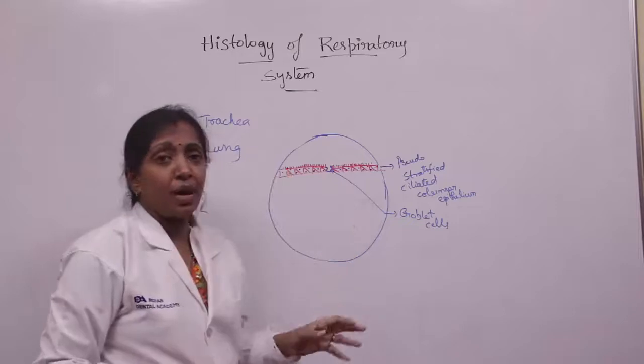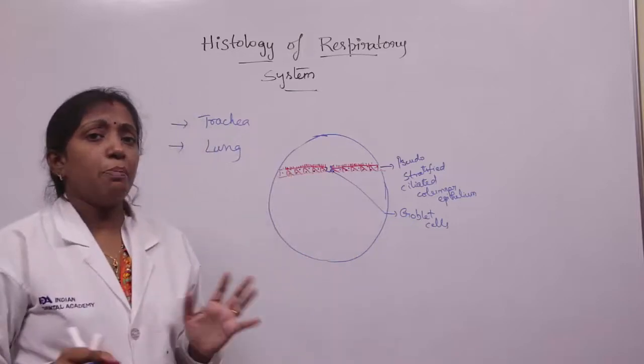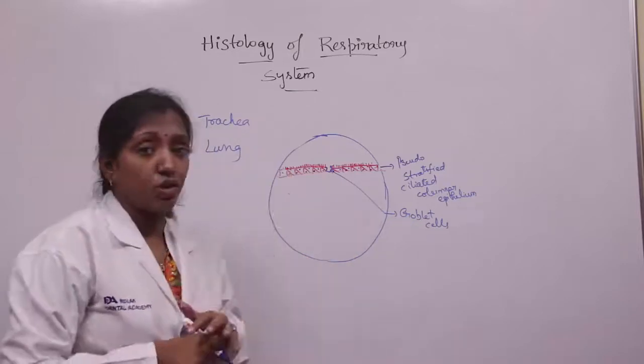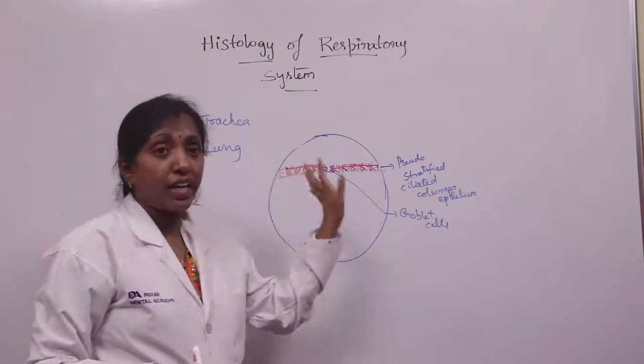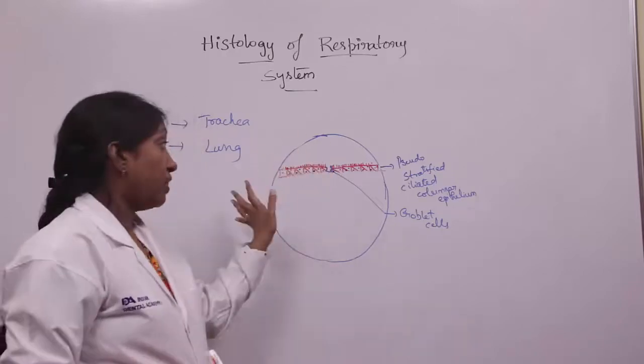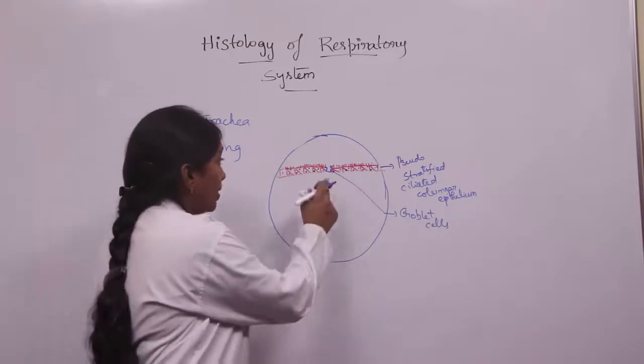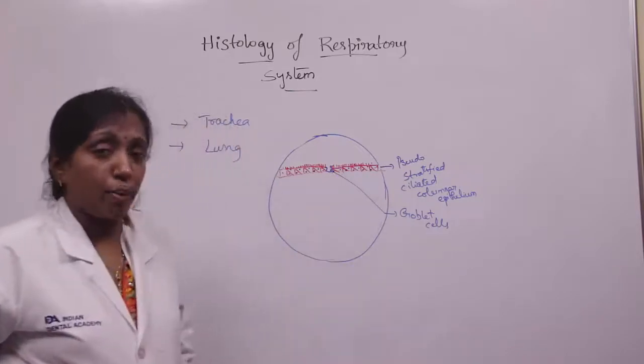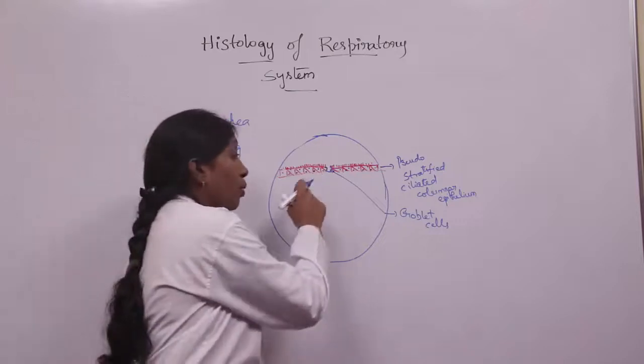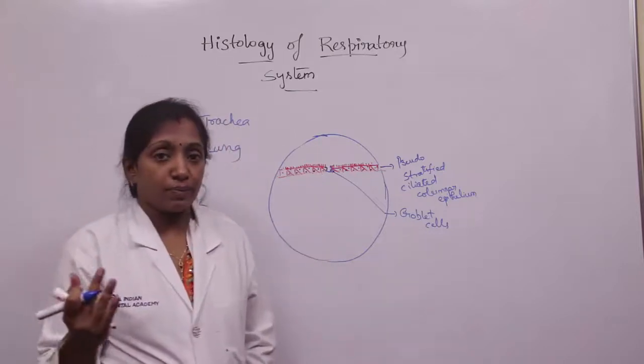What is the function of cilia? They throw away the dust particles. Thus, by the continuous action of the cilia, they continuously beat and throw away the dust particles. That is the function of the cilia. Along with the pseudostratified ciliated columnar cells, we will be able to see some goblet cells which secrete mucus.